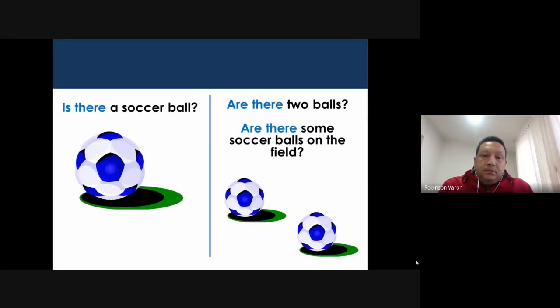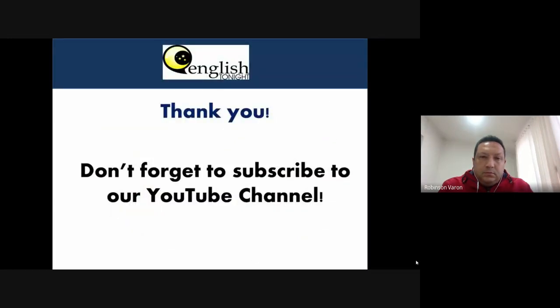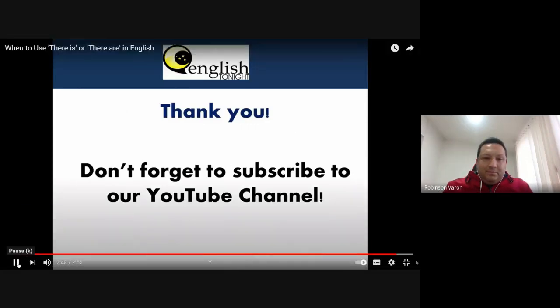Are there 2 balls? Or are there some soccer balls on the field? Again, you're asking if there's more than one if you're using are there. Is there a monkey? Are there 5 monkeys? Or are there many monkeys? Are there many monkeys at the zoo? You should now know when to use there is or there are in English.